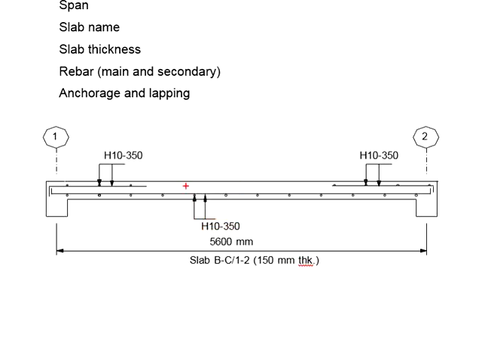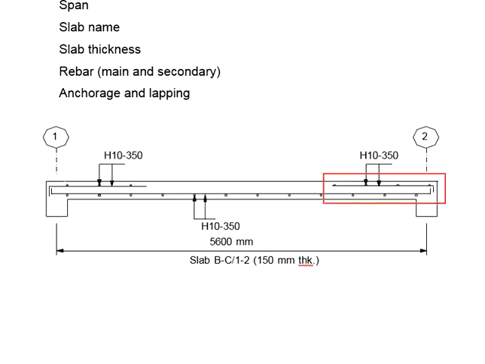If the main and the secondary reinforcement are of the same size and spacing, you can group them together. If the size and the spacing vary, then you're going to label them separately. For example, label the main reinforcement and then label the secondary reinforcement. This is for the bottom reinforcements.